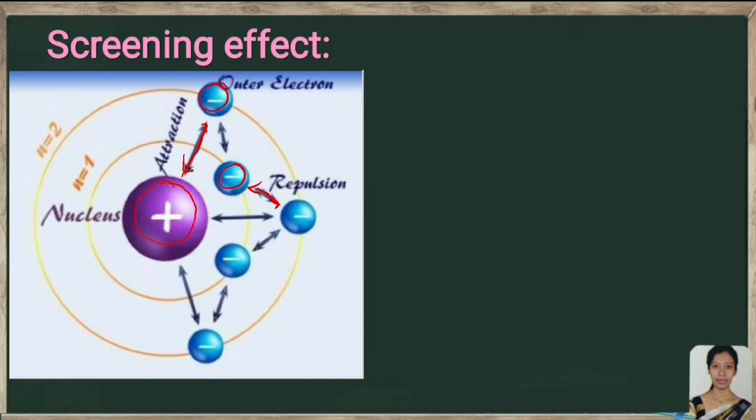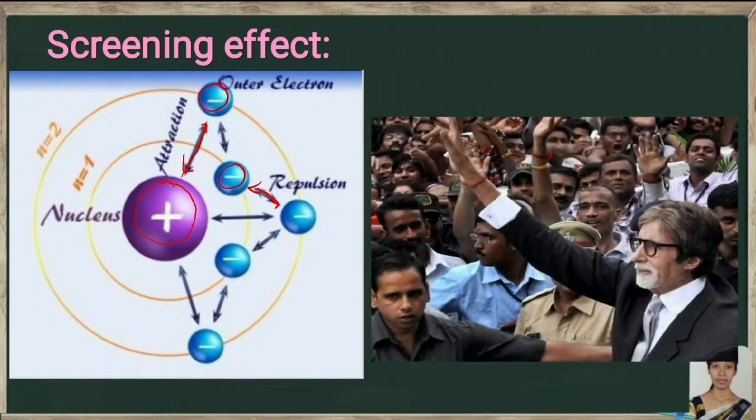Because of the electron repulsion, the inner electrons avoid, screen or shield the outer electrons from the nucleus, so that the outer electrons experience a lesser positive or nuclear charge. This phenomenon of screening of the outer electron from the nucleus by the inner electrons is known as the screening effect.